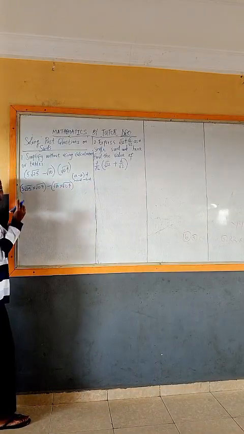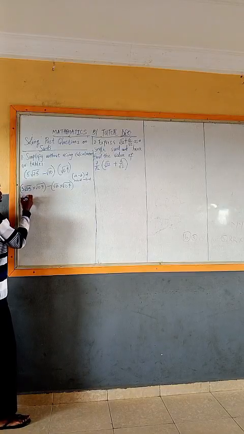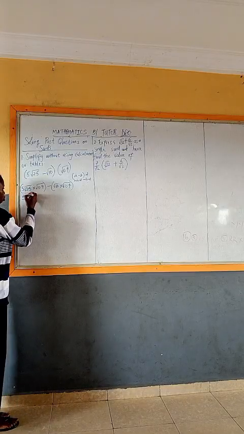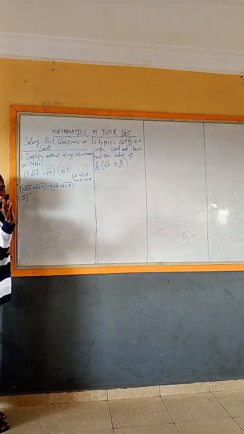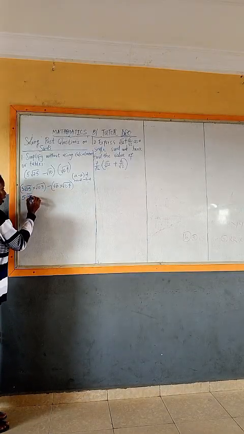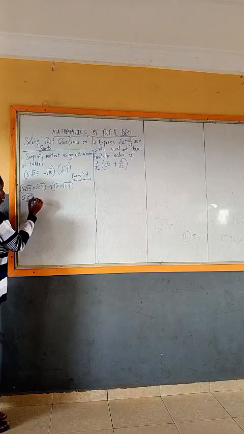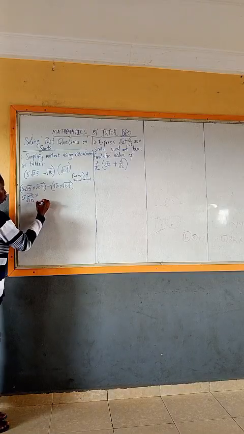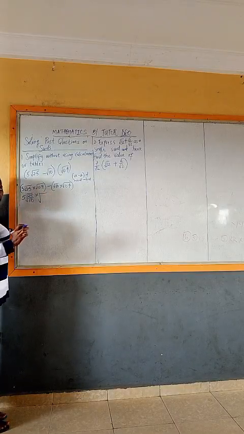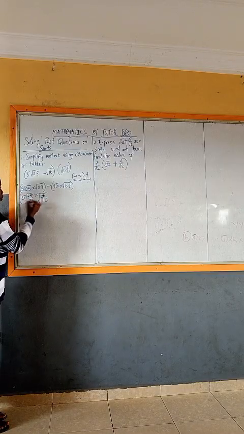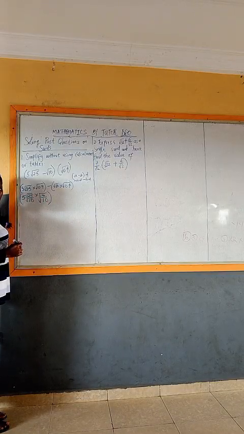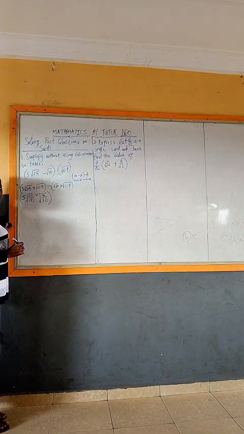Now this can be further simplified: 5 into root 2.5 is the same thing as 25 over 10 times root 0.4, which is the same thing as 4 over 10. Put your bracket and close it to avoid mistakes.